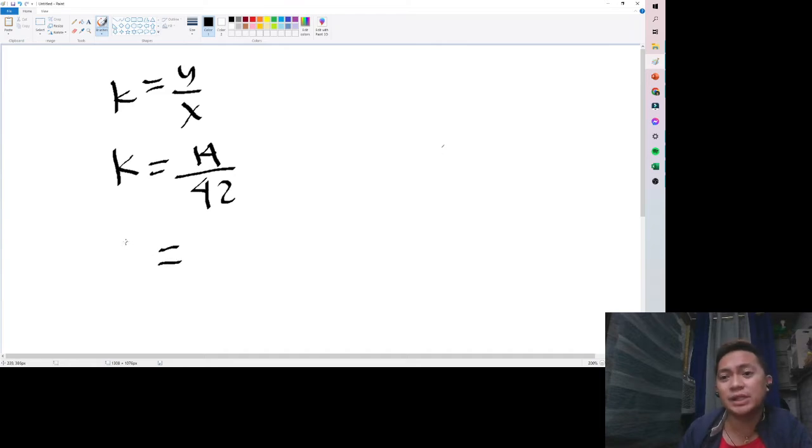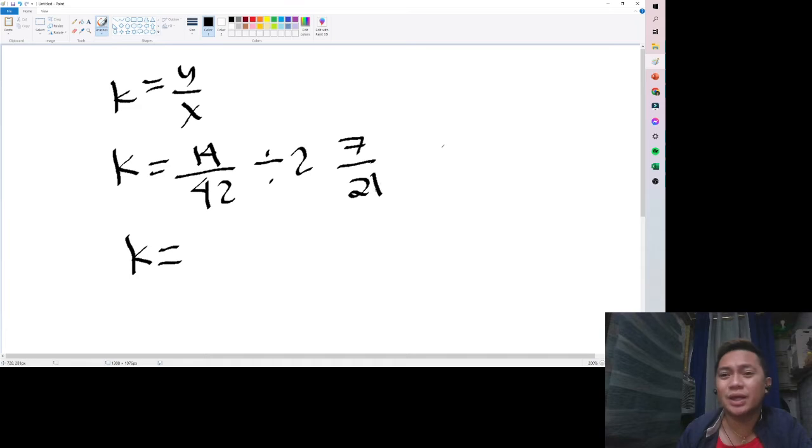So hindi natin siya ma-divide ng 42 divided by 14, i-simplify na lang natin by dividing both side by saan kaya? So, pag hindi natin siya makuha, hatiin muna natin siya sa dalawa. For example, 14 divided by 2 is equal to 7. And yung 42, hatiin mo din sa dalawa, 21.